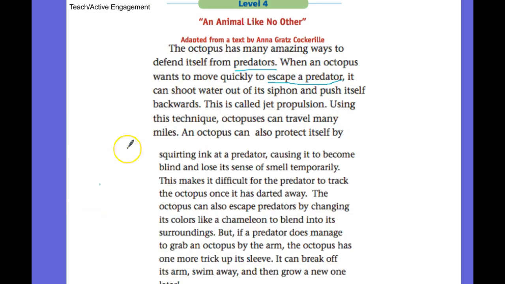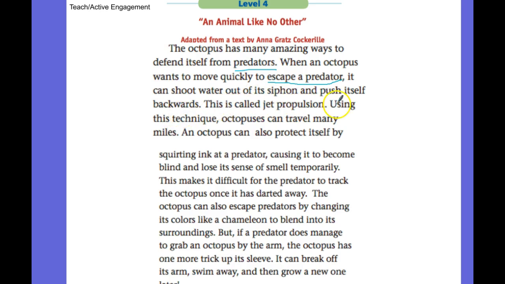But when we go to level 4, we have to read farther, and it doesn't tell us, right? It doesn't tell us what the definition is. We have to create the definition in our head. When an octopus wants to move quickly to escape a predator, now we know the predator is somebody to escape. It can shoot water out of its siphon and push itself backwards.